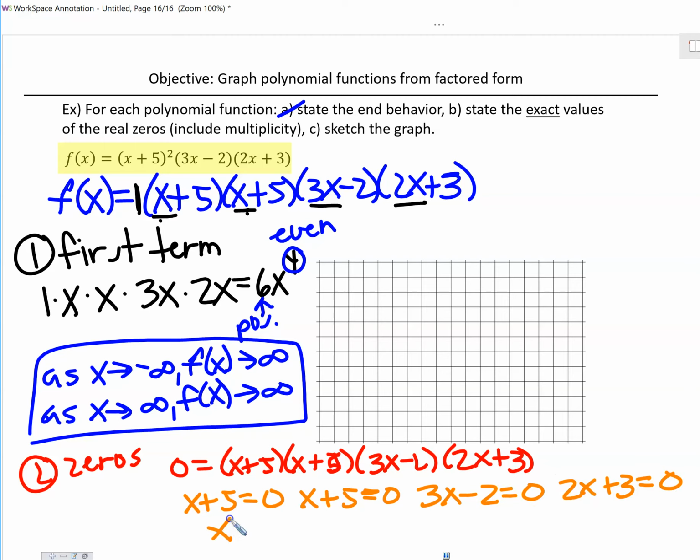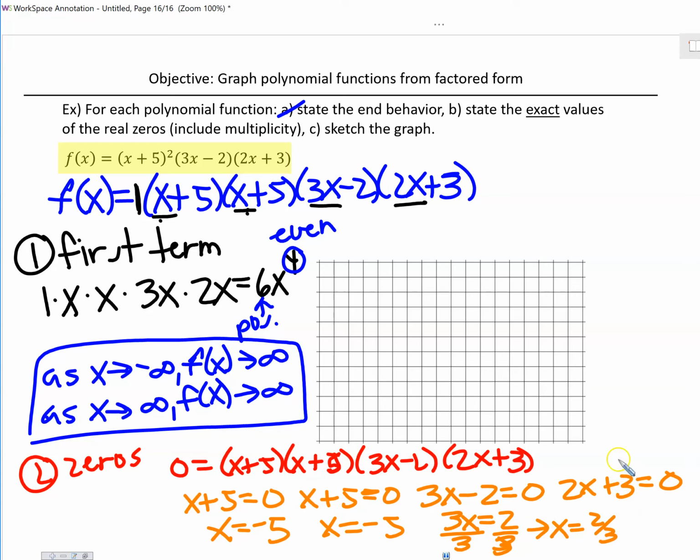So here we'd subtract 5, and that gives us x equals negative 5. Same thing here. This one, make sure you're careful here. Use your reverse order of operations, so undo the subtraction first, which gives you 3x equals 2. Then undo the multiplication, dividing by 3, which is going to give you x equals 2/3.